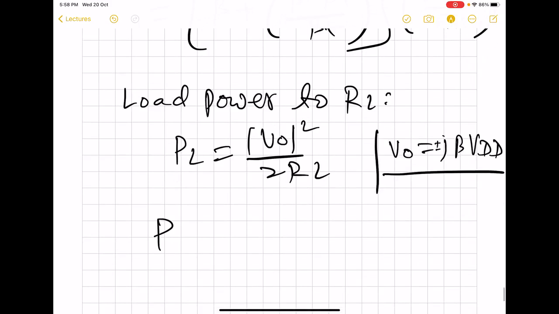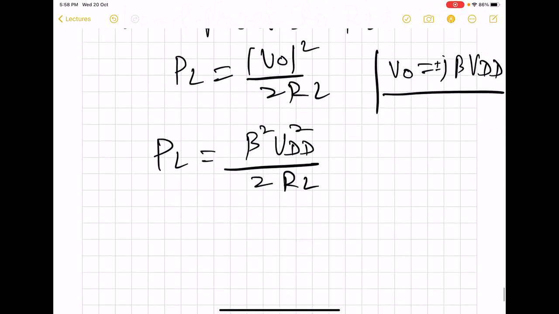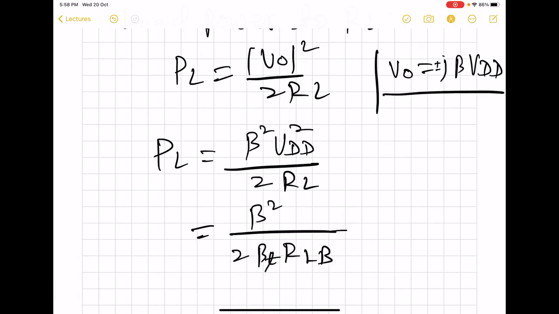So therefore, PL is equal to beta square VDD square divided by 2RL. And we know that RL is actually RLB into beta T. So in the denominator we replace in terms of RLB, and the numerator remains as it is.